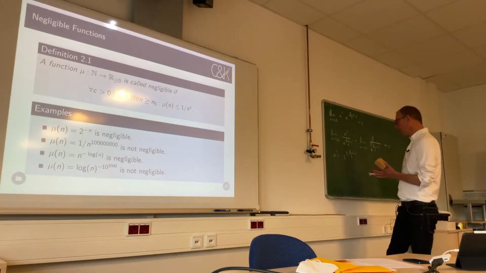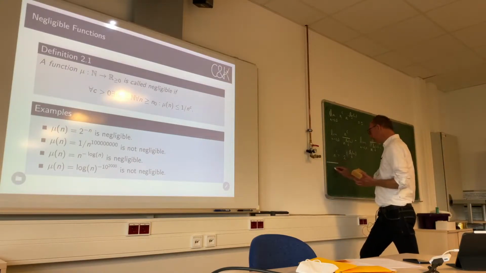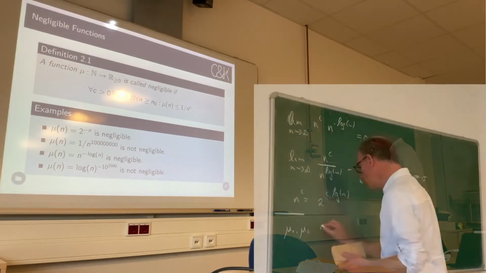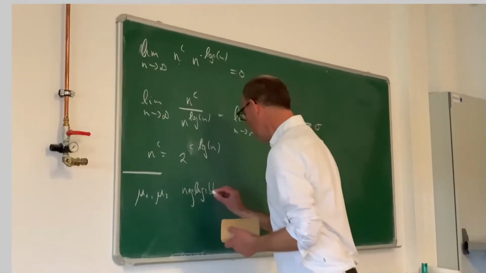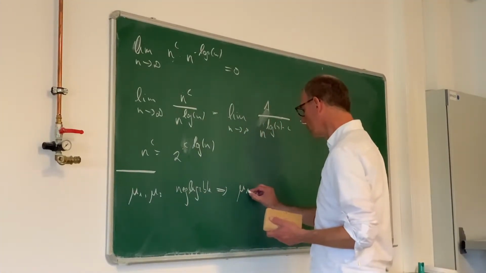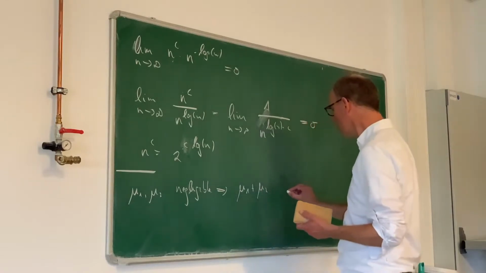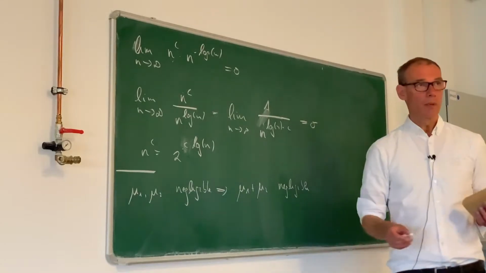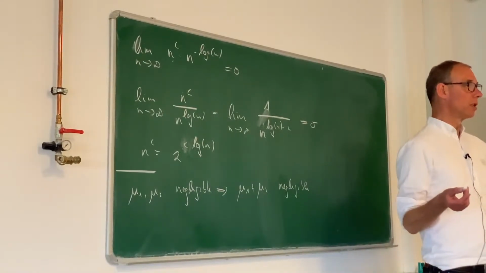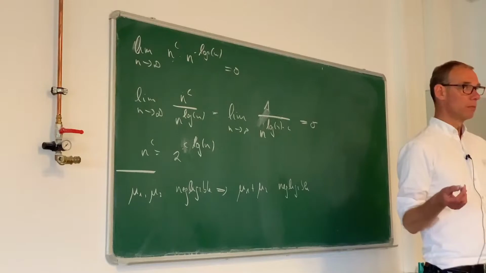If you have mu1, mu2 negligible, then also the sum of the two is negligible. The sum of two negligible functions is negligible.